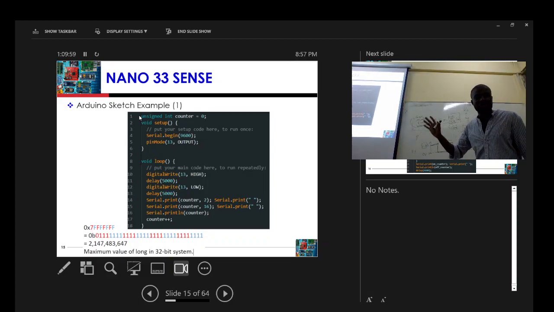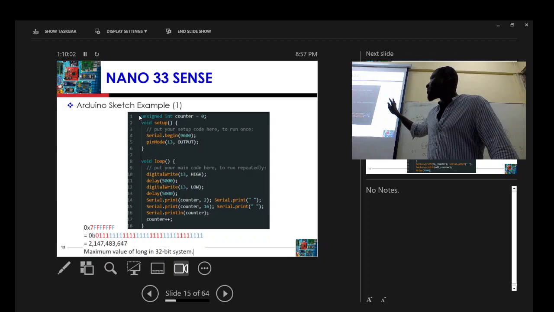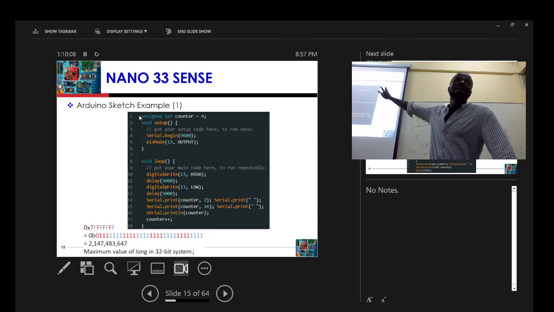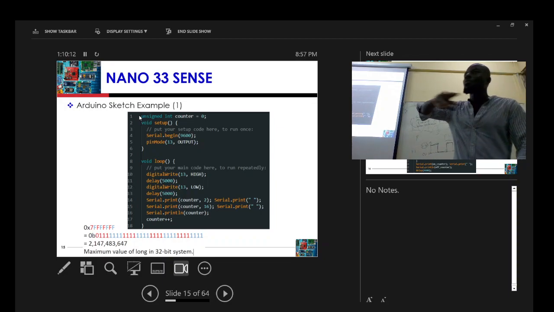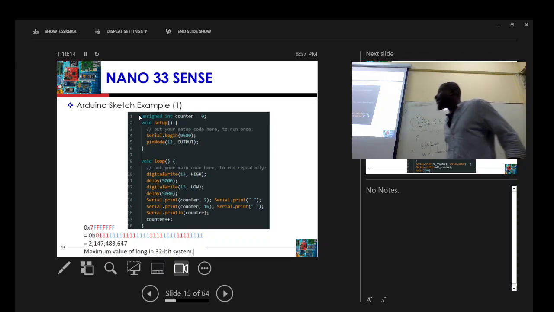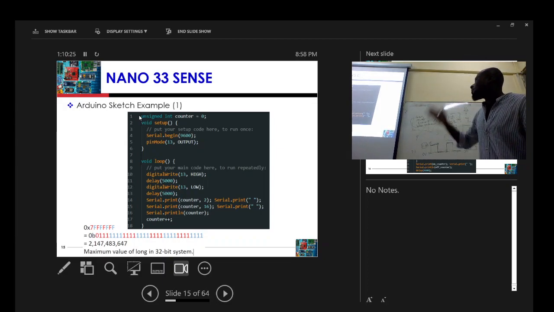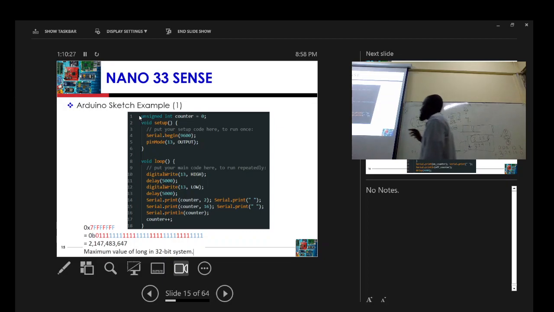So let's just do one code and then we go away. So this is an example of an Arduino sketch or code, right? What do you think this code is doing? Okay, let's start.